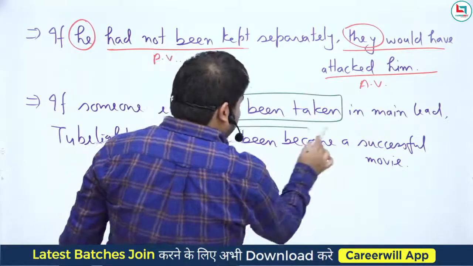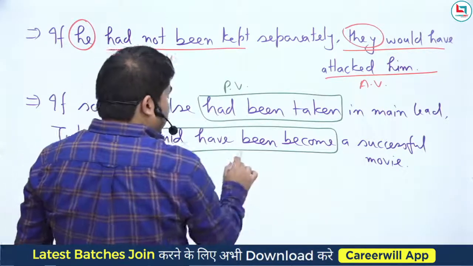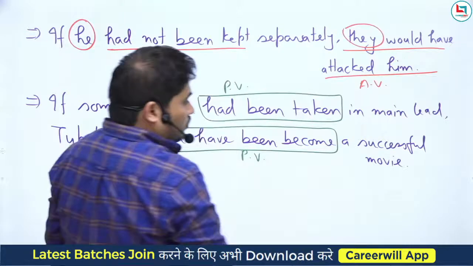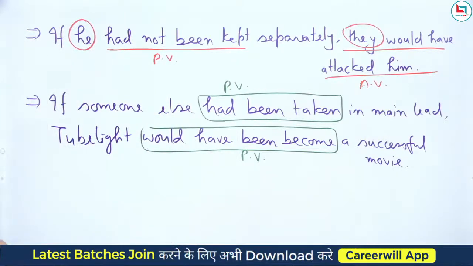Would have been become, again it is in passive voice. So both the clauses are in passive voice. So this is not something that you just need to mug up, कि नहीं ऐसे ही होता है. You need to read the sentence, you need to get the context, and then you decide what kind of structure that sentence should have.